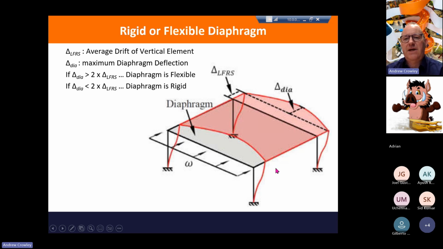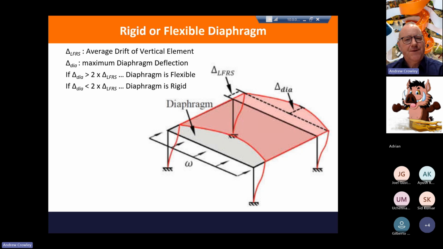And here is the deflection of your supporting structure through sway. So if this dimension here, the deflection due to the diaphragm flexural deflection, is more than twice the sway deviation, then your diaphragm is probably flexible. Otherwise, your diaphragm is rigid.